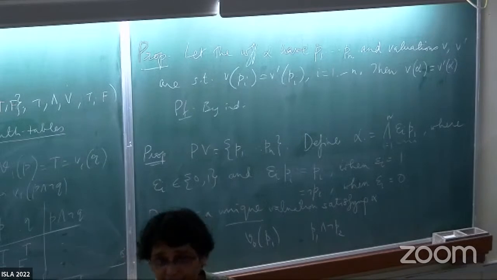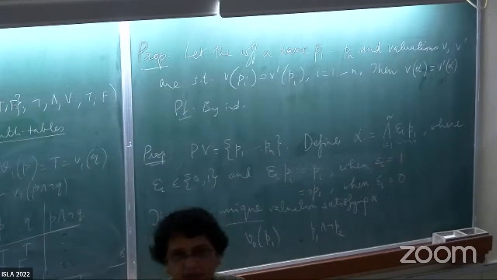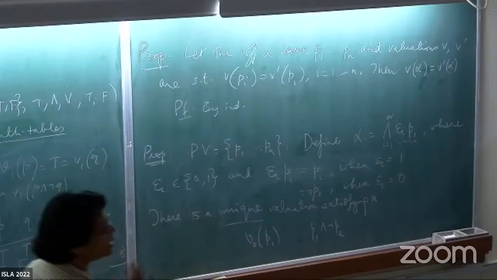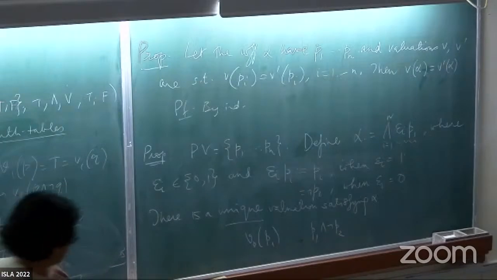And if you change the valuation, what does changing the valuation mean? It has to differ on at least one propositional variable. The moment you make it differ, that component will become false, right? The entire thing will then become false, right? So that's precisely what's happening for these kinds of formulae. So these formulae are very, very special, as I said.